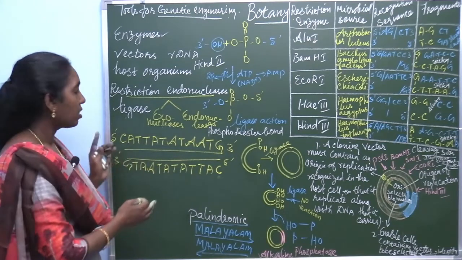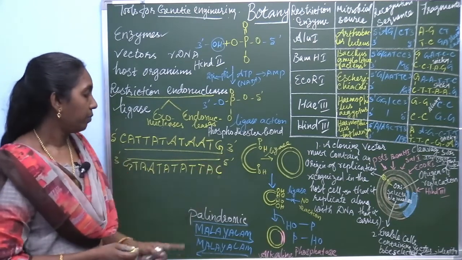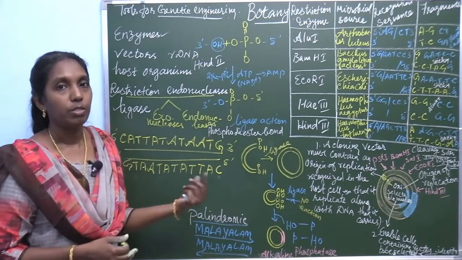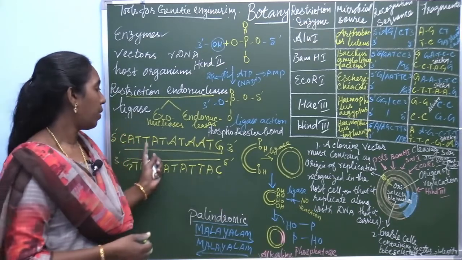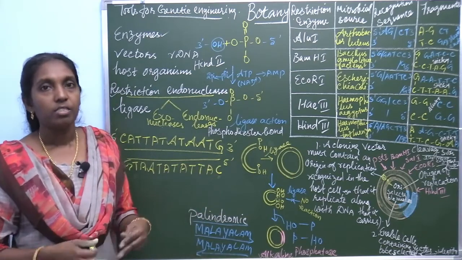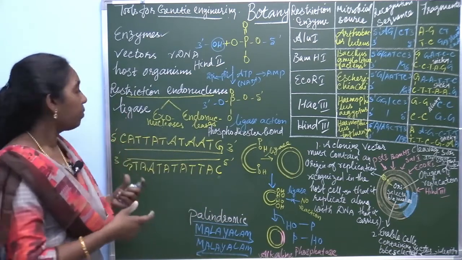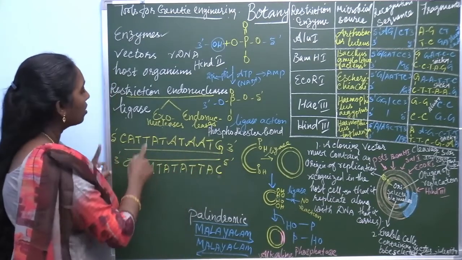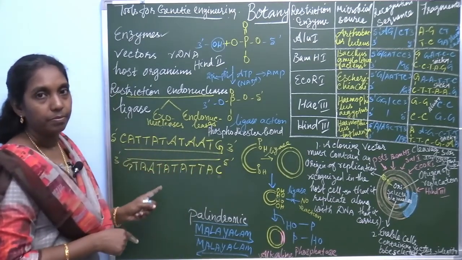So, this sequence is called palindromic repeats. Sometimes they may ask palindromic repeats as a 2 mark or 3 mark question. For your remembrance, you can read it as cat, tat, at, ot, g, and then write the complementary pair.